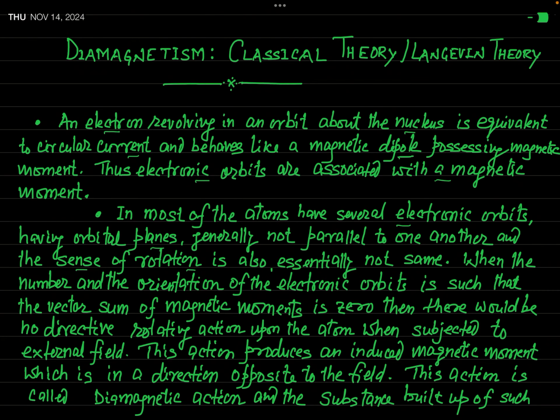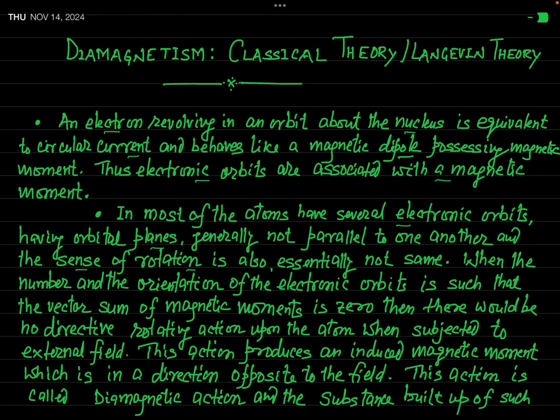When the number and orientation of electronic orbits is such that the vector sum of magnetic moments is zero, there would be no directive rotating action upon the atom when subjected to an external magnetic field.